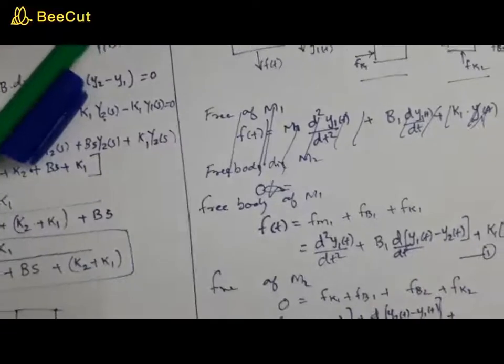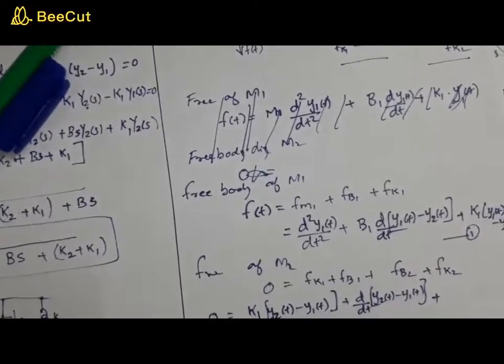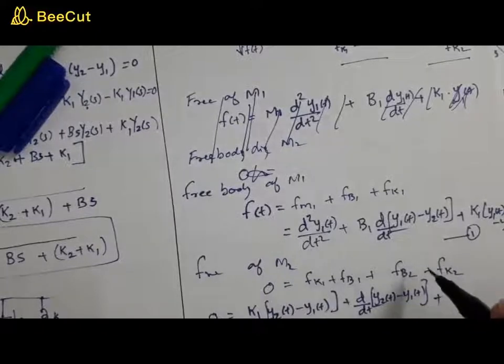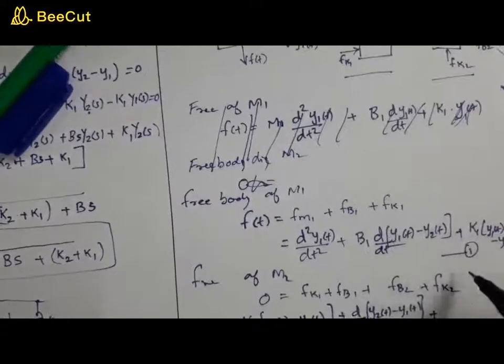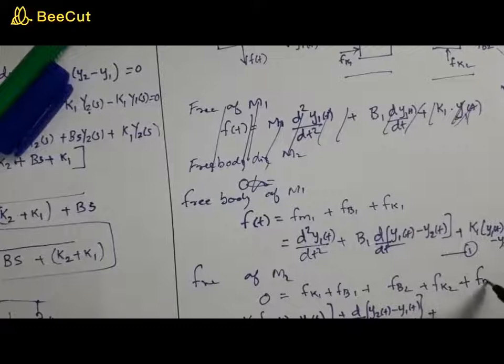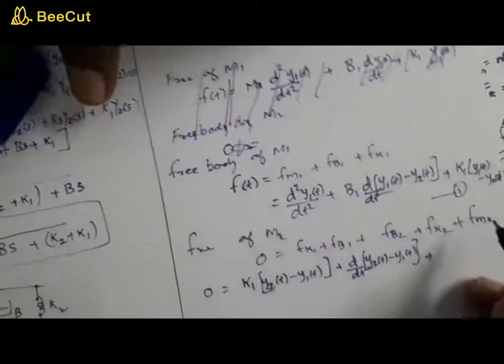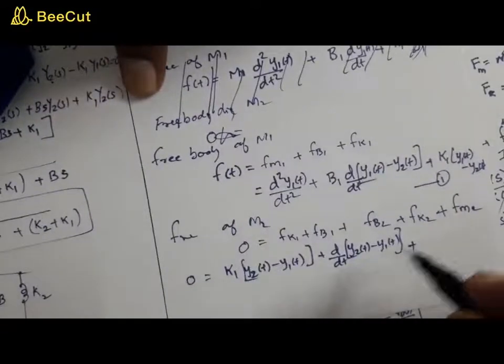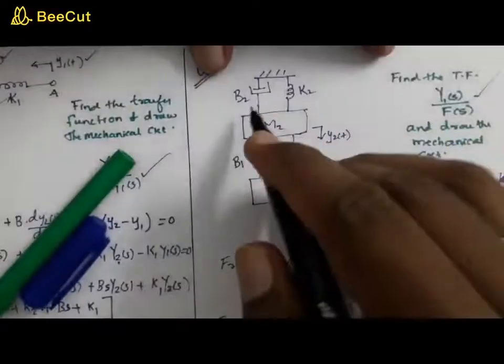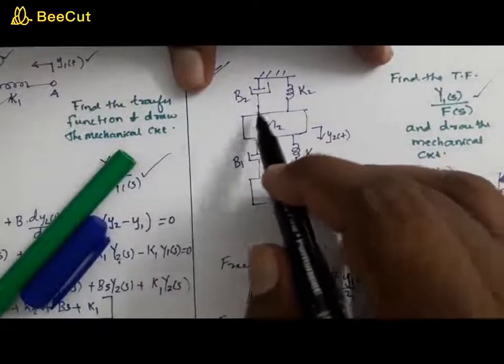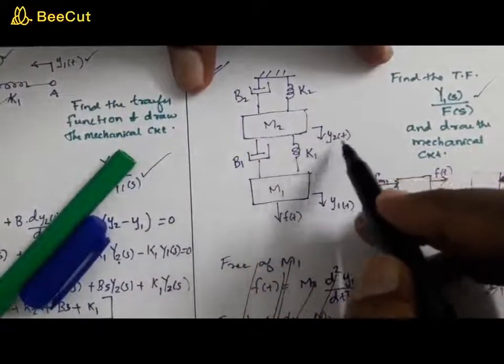Finally, you have an FM2, right? Now, you also have an FB2. What about FB2? FB2 has only displacement. It's only affected by this y2 of t.